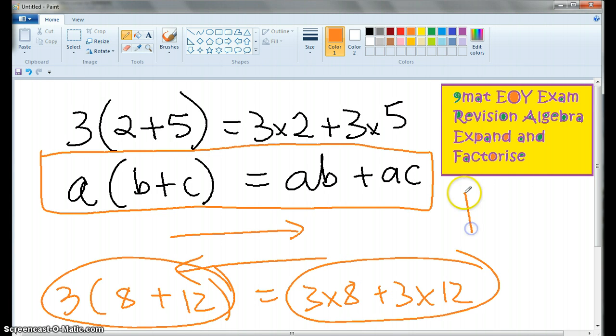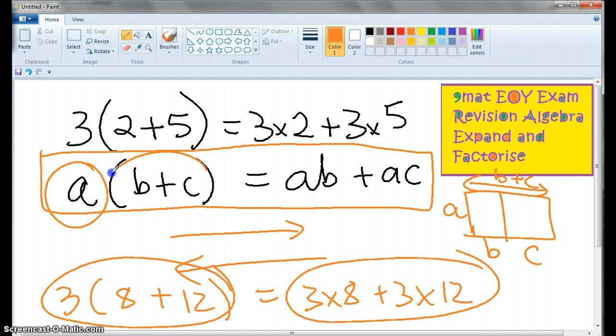So I can think of it as length A there, length B there, and length C there, and this length is B plus C. So A times (B plus C) is going to be that big rectangle.